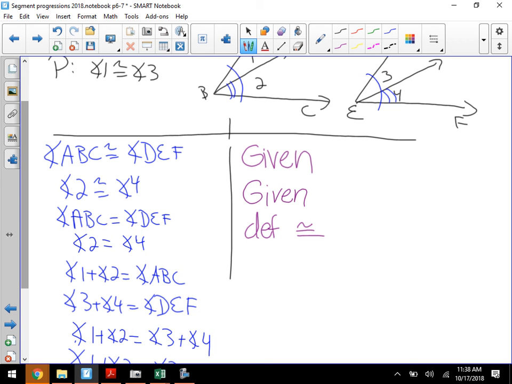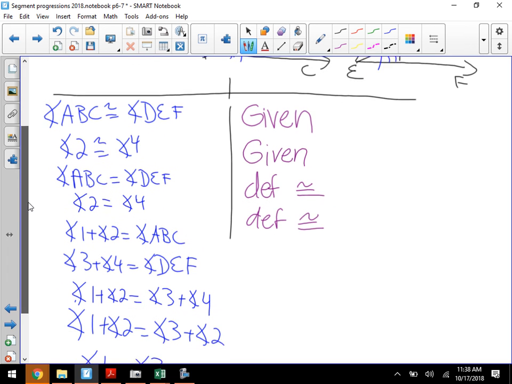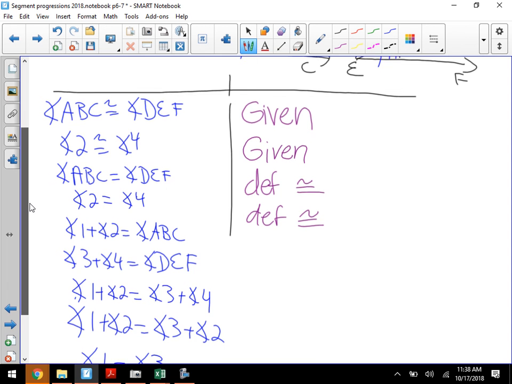And then similarly, it says angle 2 is equal to angle 4. And what's our reasoning for that? Good. So now we've taken both of our givens and used what our progression sheet says we can do with them.